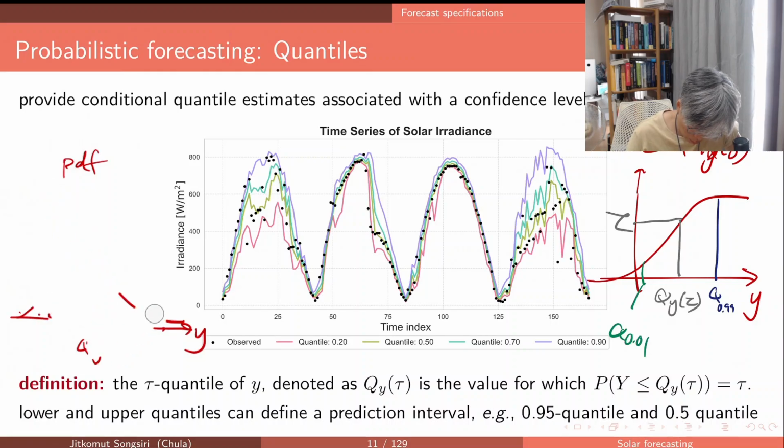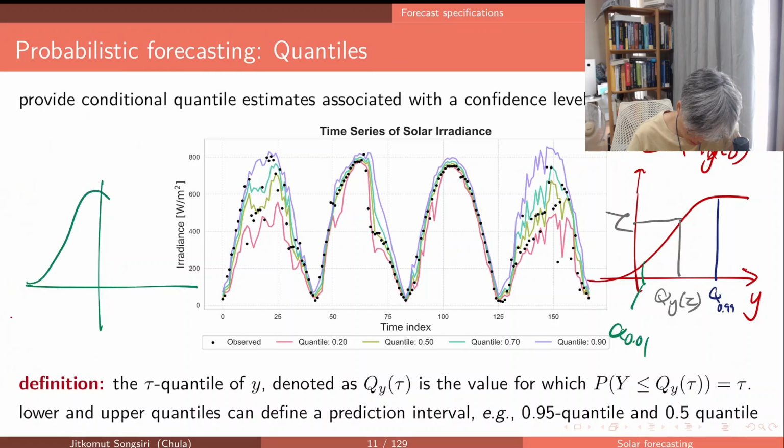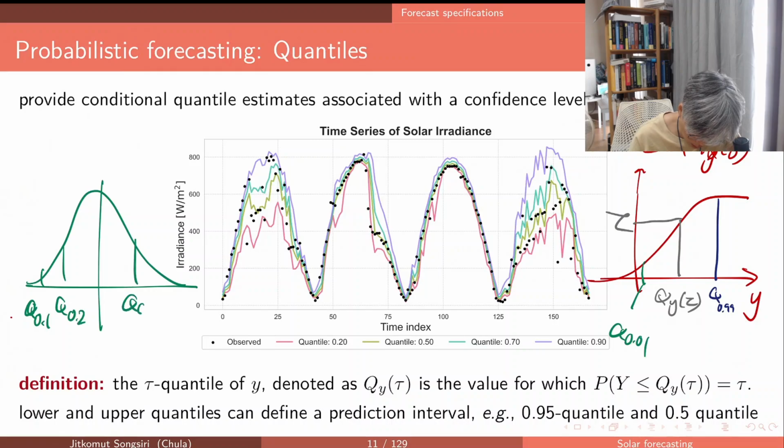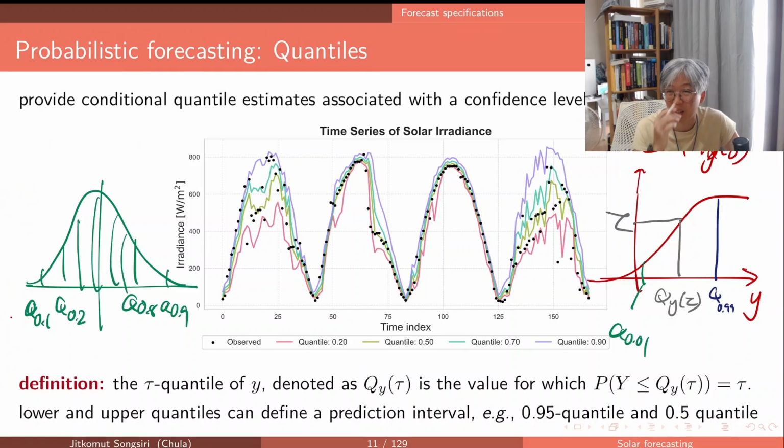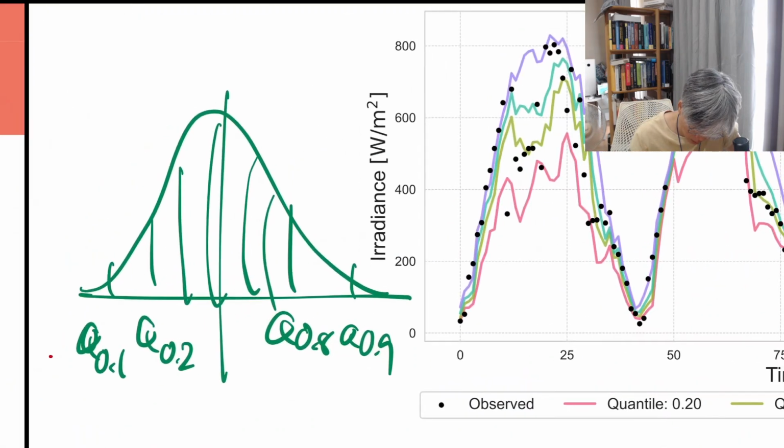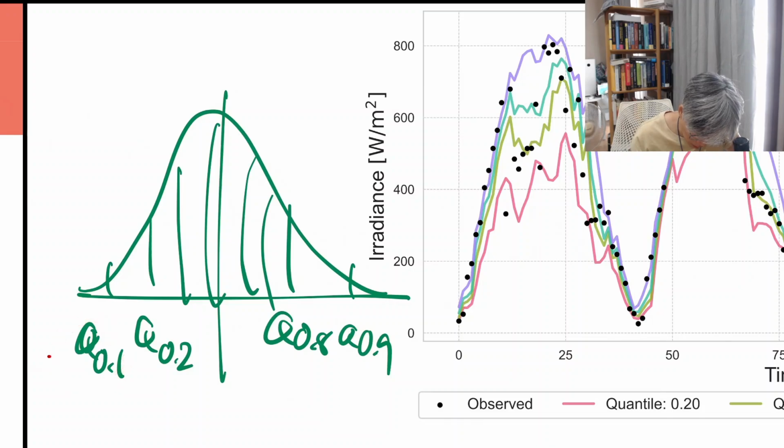That means if you want to explain statistical information, you can say, okay, this is my quantile 0.1, this is my quantile 0.2, my quantile 0.8, my quantile 0.9. Of course you understand, right? I mark quantile 0.1 here, it means that the area here is 0.1.